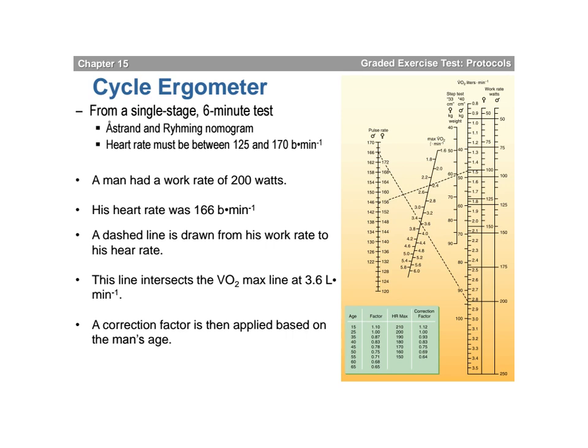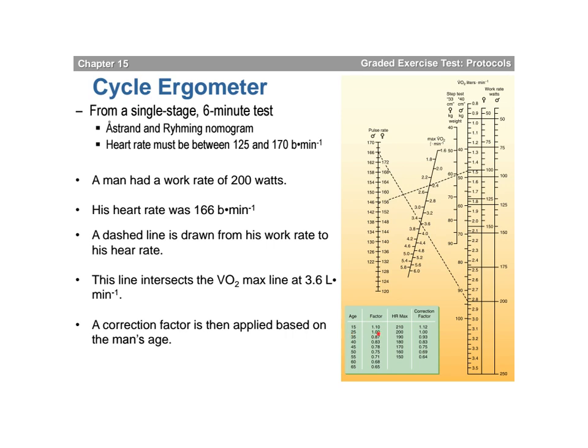And then we have another scale here, which has the max VO2. And where this dashed line intersects the scale with the max VO2, that's actually the max VO2. So the line intersects the VO2 max line at 3.6 liters per minute. Now, this is assuming that this person has an age of about 25.